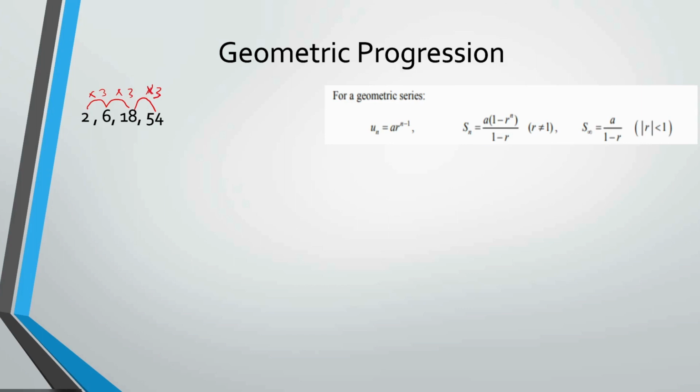If you wanted to go from 2 to 18, you can multiply it by 3 squared, or if you wanted to go to 54, 2 times 3 cubed. So this is where the formula ar to the power of n minus 1 comes from. r is basically the common ratio.